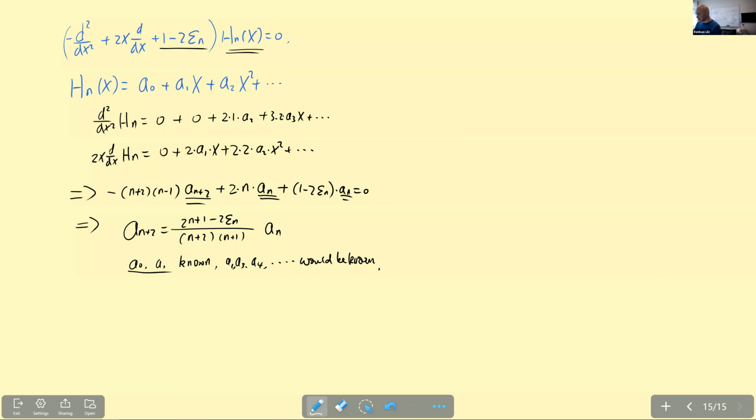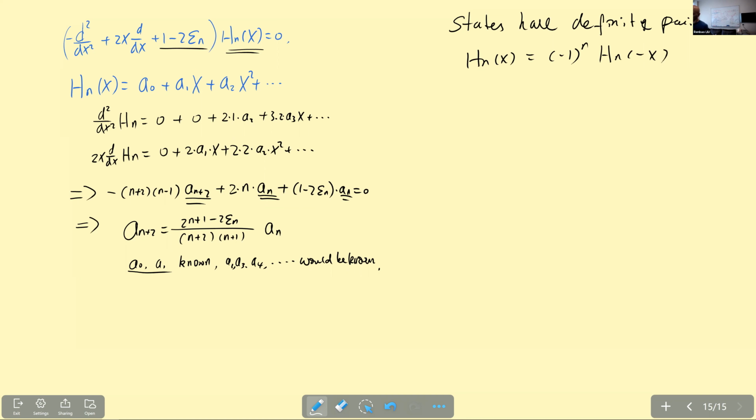So let's consider, remember the states have a definite parity. That means H_m(x) should equal minus 1 to the power m times H_m(minus x), so it should be an even or odd function.